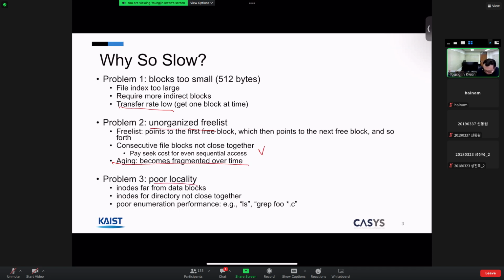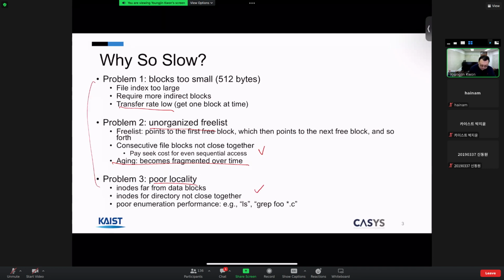And poor locality. Poor locality is about how inodes and data blocks are accessed. It doesn't consider disk performance characteristics, so eventually it causes very bad performance. So there is room for improvement.